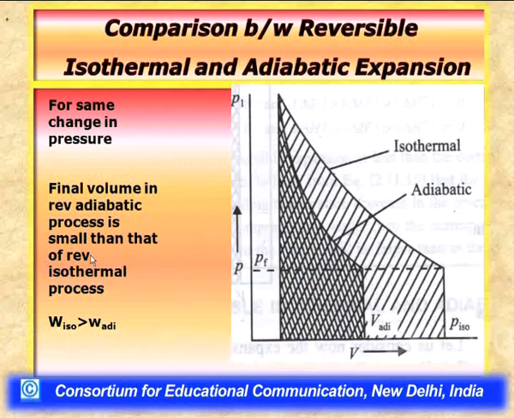Now, by virtue of similar manipulation of equations, we can have this generalization also. If we have these PV curves, with the adiabatic curve alongside the isothermal curve, and we keep the final pressure constant, we can see less volume change will be observed under adiabatic conditions as compared to isothermal conditions, for the same expenditure of energy.